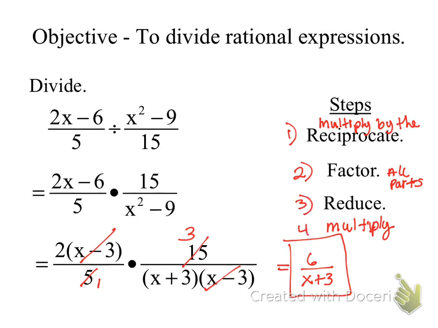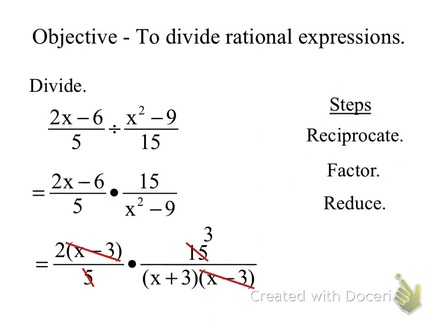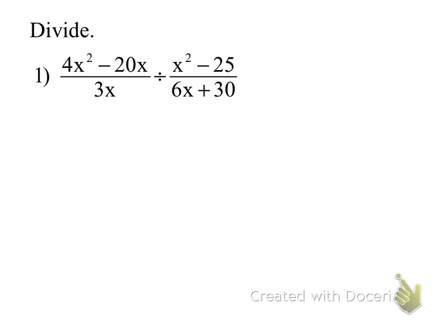And number 4, we're going to multiply across. Okay? Questions? All right, do you want to try the next one on your own? Okay, pause the recording, and you're going to follow those same rules.